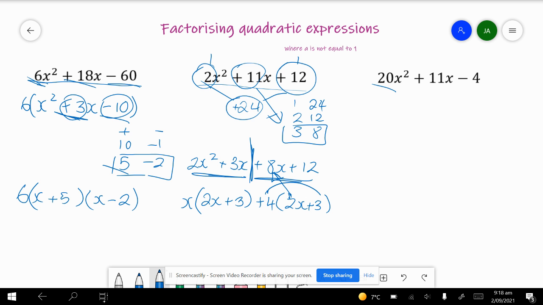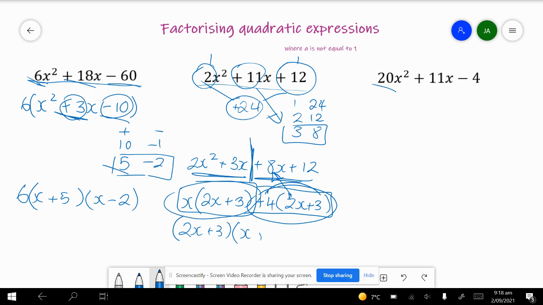So with these two parts, we're looking for a common factor as well, and what's common in both of those parts is the 2x plus 3. If I've pulled a 2x plus 3 away from this bit, I'm left with x. So we write that in the bracket. And what's left with this bit is plus 4. So the bits that are left go in the second bracket. And that's factorising with a not equal to 1.